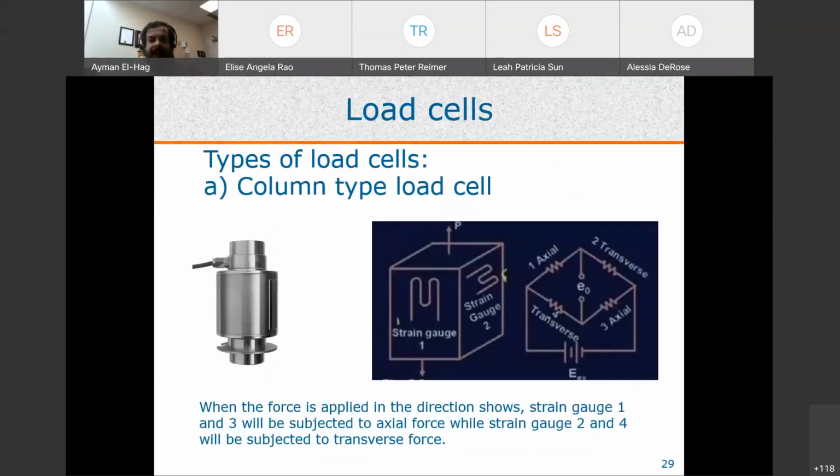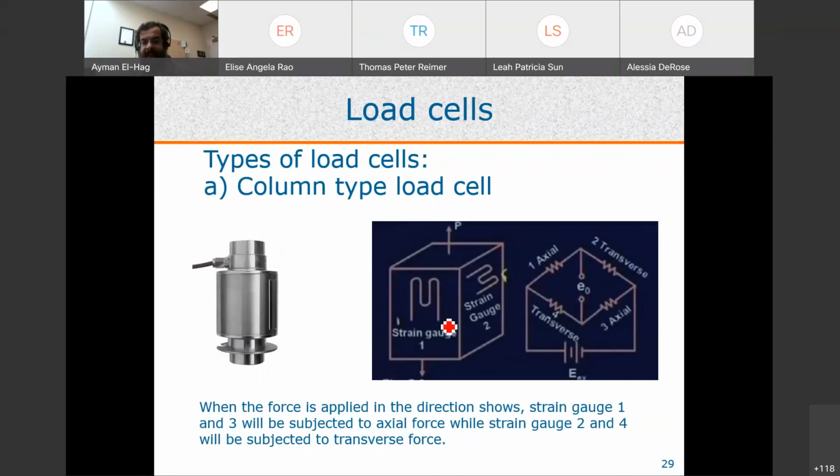So let's look here what is happening inside the load cell. So this is a load cell that we apply tension forces on. So here we have the arrangement as such. So here it is R1, R2, R3, and R4.